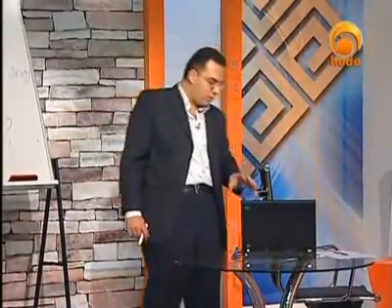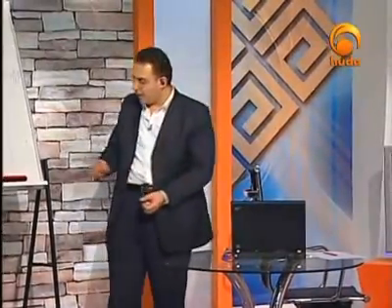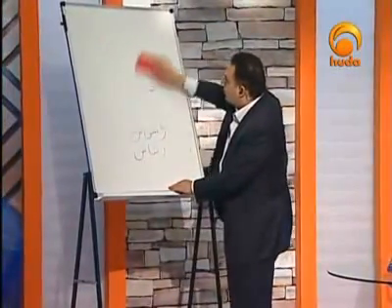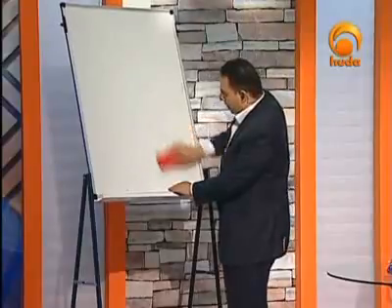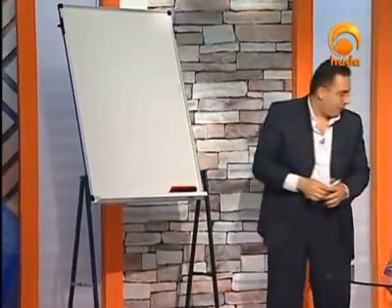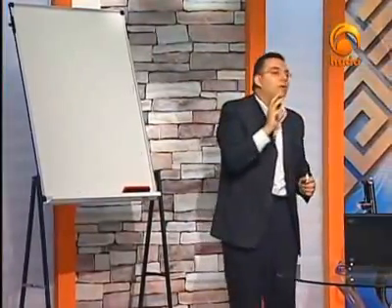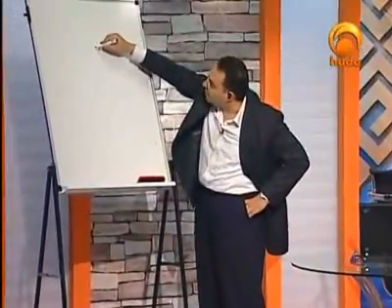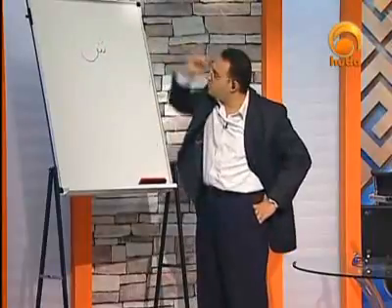Here are the different shapes for writing sha. I will write that again, in the initial position, the middle position, and the final position. In the initial position, we have, for example, the word shay. Can you pronounce it? Shay. Shagara, mushkila, rashash, hashish. Here the independent form is sha.